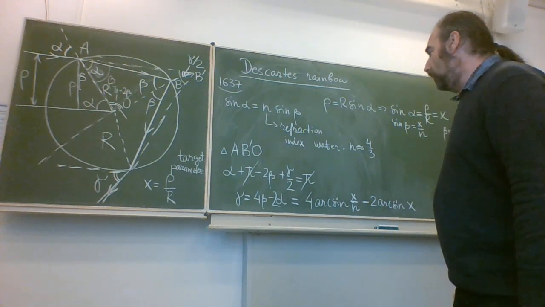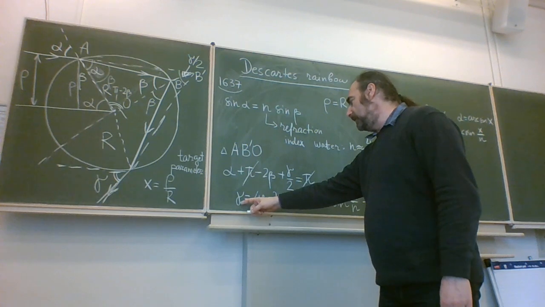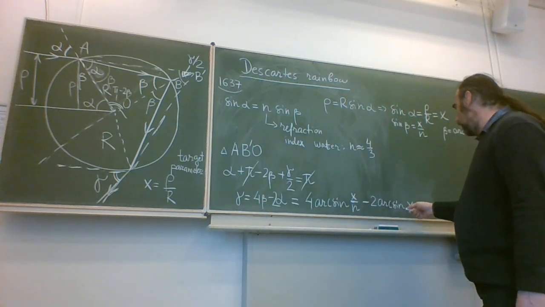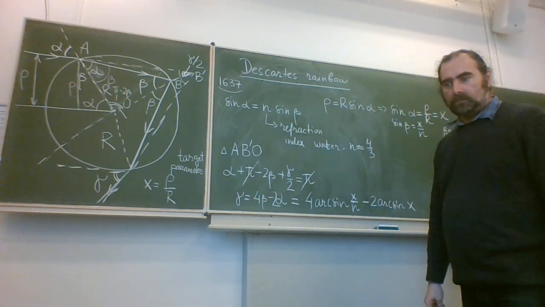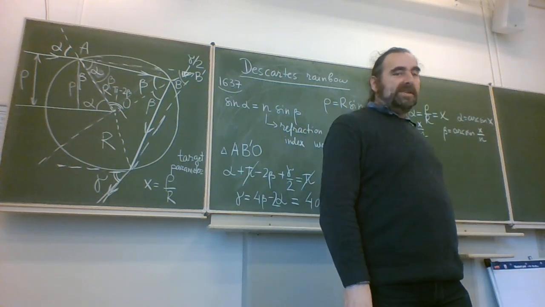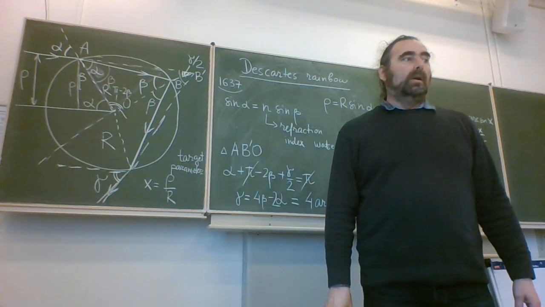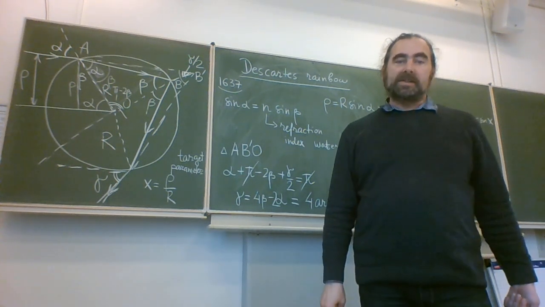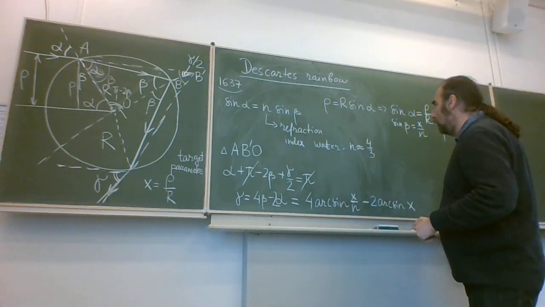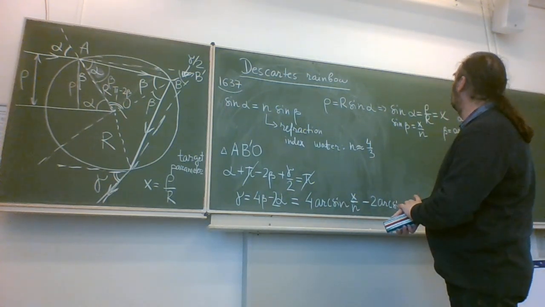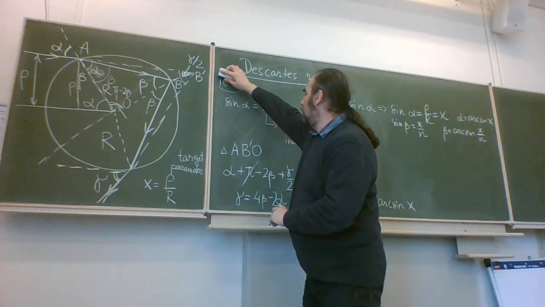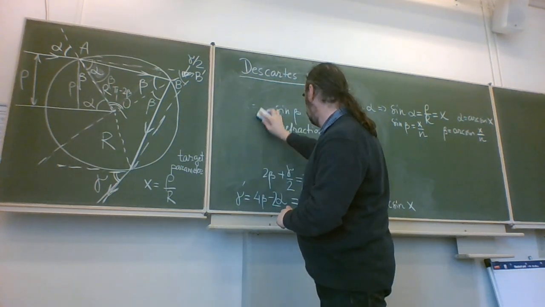So we have done the first part. We have calculated this angle gamma as a function of x. Now let's see how it behaves. And for that we need to find the maximum. Now I think I'm going to erase all of that.